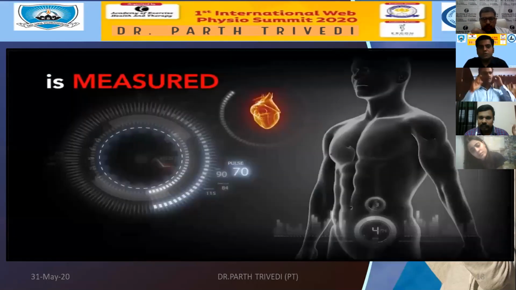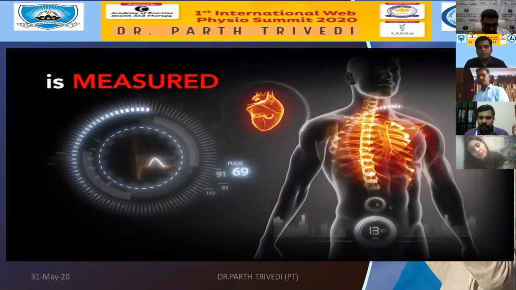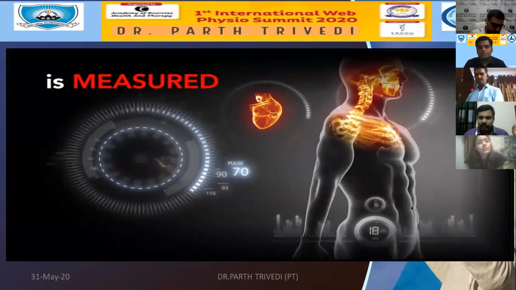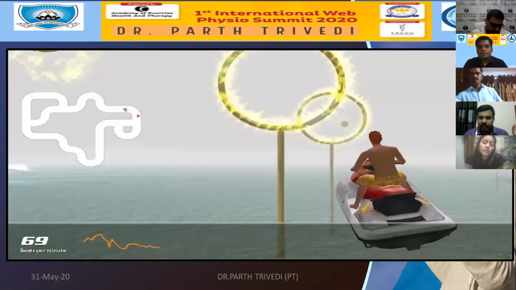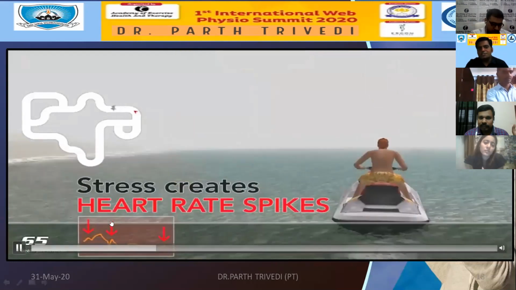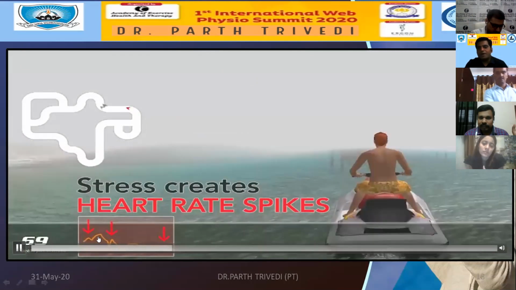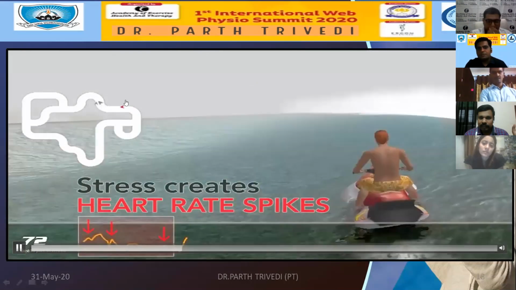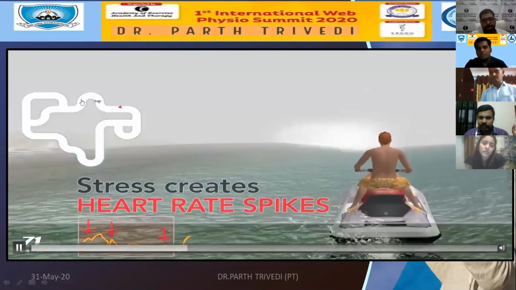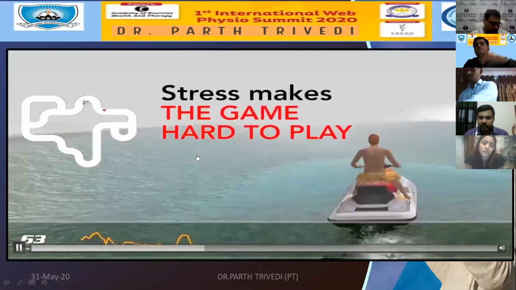So this is the way the heart rate is measured. See, you can see the stress creates heart rate spikes. If a stress environment is given, you can see the track on the screen. The stress makes the game hard to play.